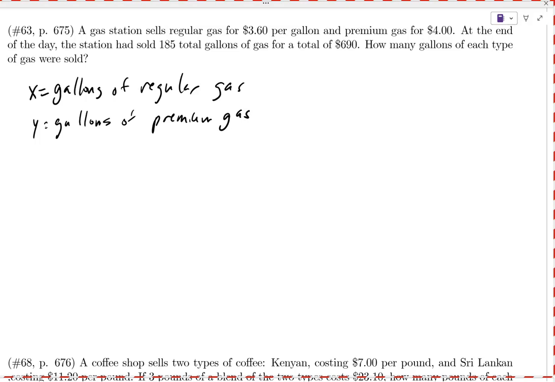What's one equation? What's one piece of information you think you might want to use? Okay, so price per gallon is probably going to be helpful for one part of that. So what equation can we get if we use the price per gallon pieces?